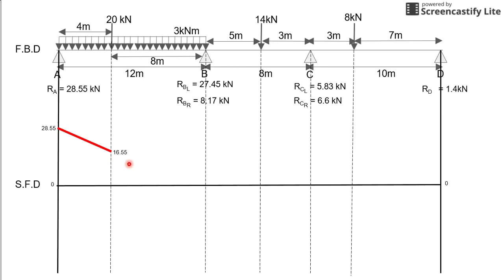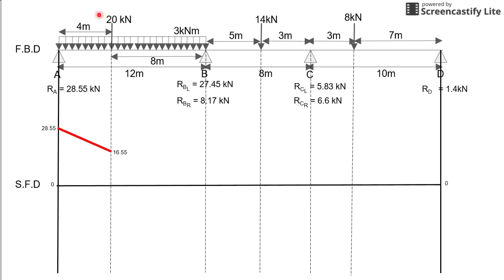If you are wondering how I get 16.55, it's 4 times 3 kilonewton per meter, which gives you 12, so there's a force of 12 kilonewtons here. So you just take 28.55 minus 12 and you get 16.55. This is the force that acts up to this point here.